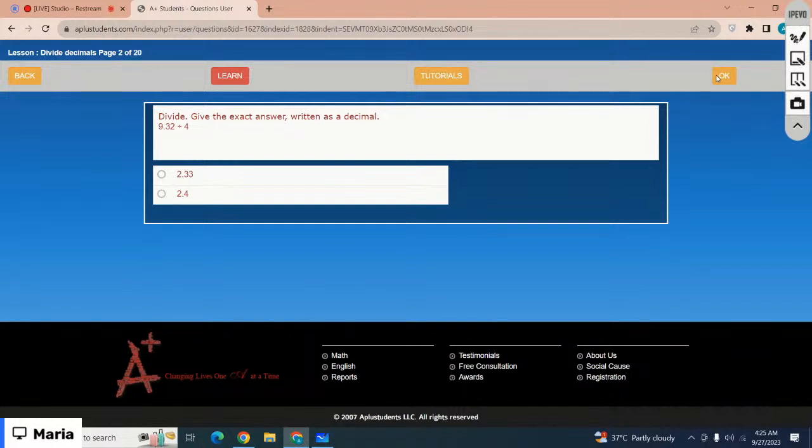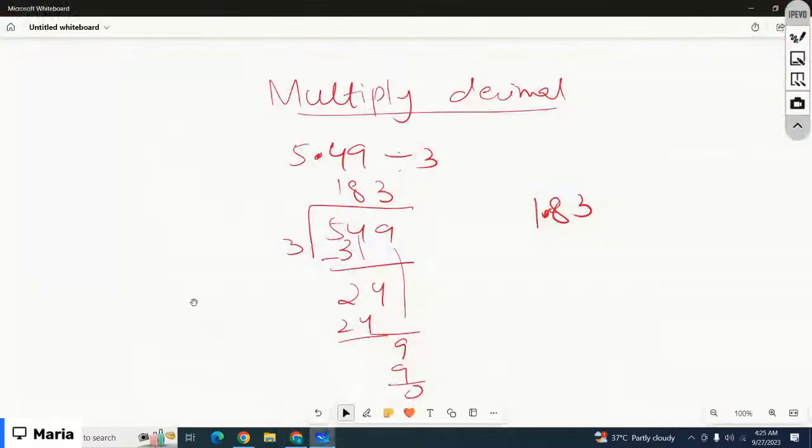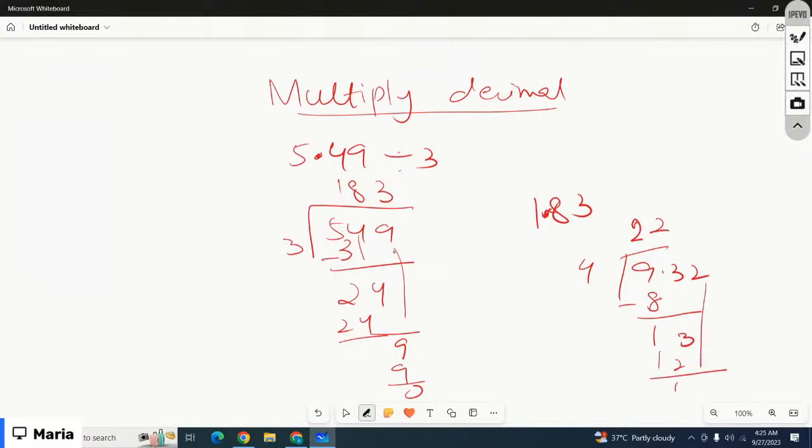You have to divide. I think it is 2.33. Let me just divide 9.32. 4 times 2 is 8. 9 take away 3 is 1. We are dividing without decimal, right? Then bring the next 3 digit down. 4 times 3 is 12. Then again you have to bring down the 4. 4 times 3 is 12, right?